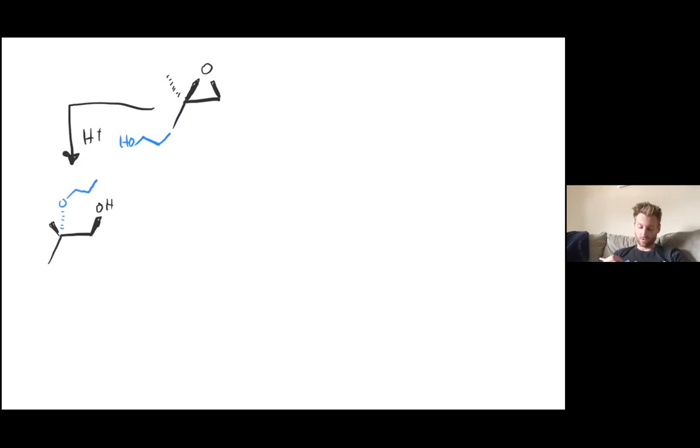Similarly, we could add in water, which is the reaction that we've talked about forever. So H3O plus. This lets us create our diols like we've always done.